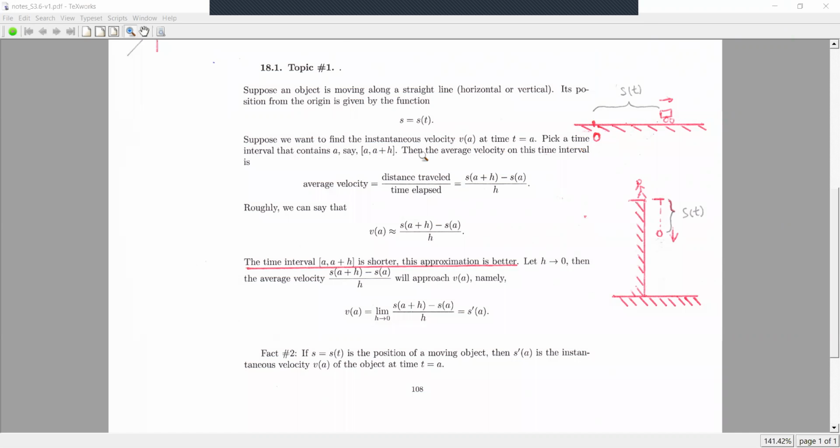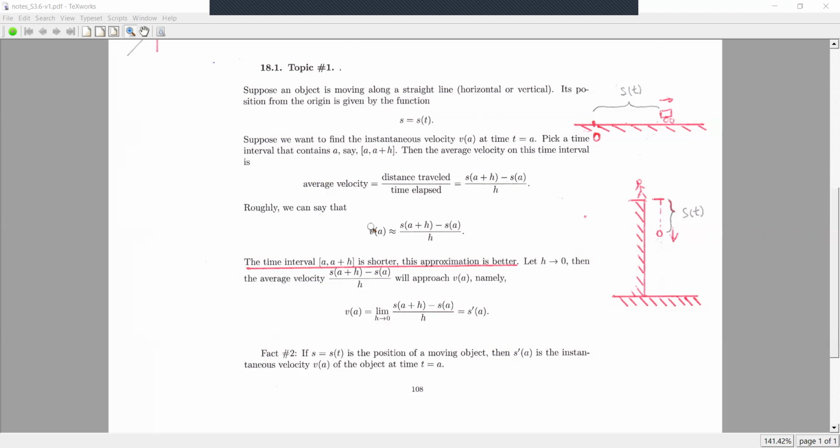Then, by formula, the average velocity on this time interval is the position of the object at the time a plus h minus the position of the object at the time a. This distance is the distance traveled by the object on this time interval. Then over time elapsed, from a to a plus h, the time elapsed is h.